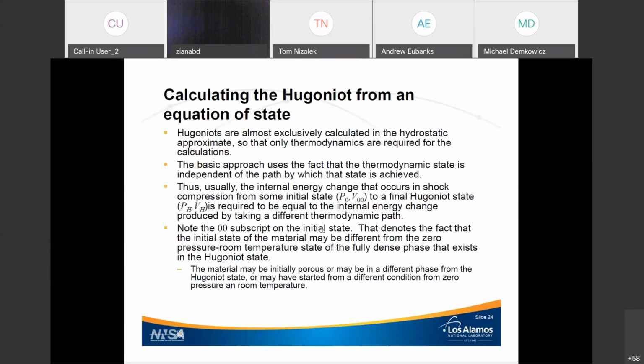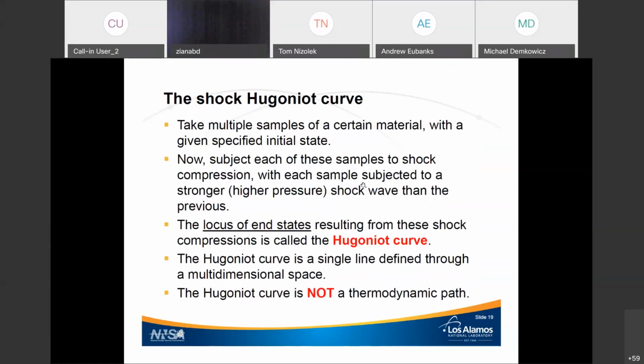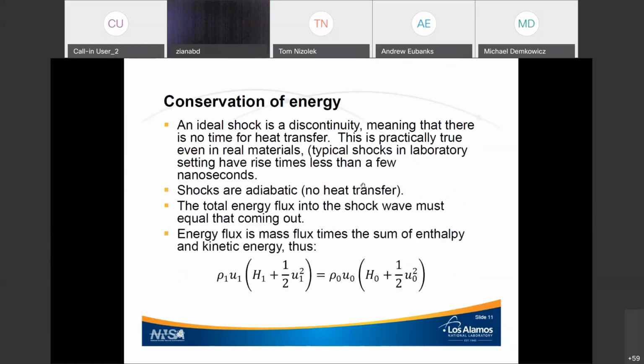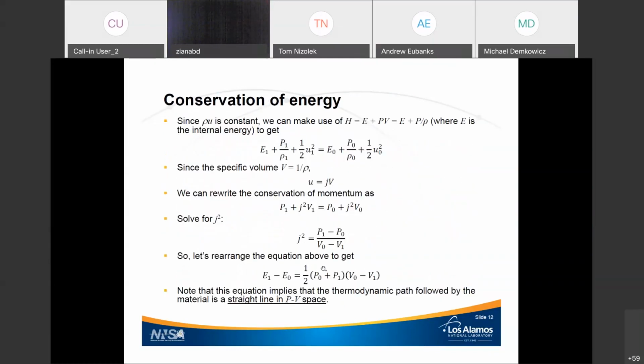So this V double knot is not the same as V naught in equation of state work. It does correspond to that V naught in the Rankine-Hugoniot equations.